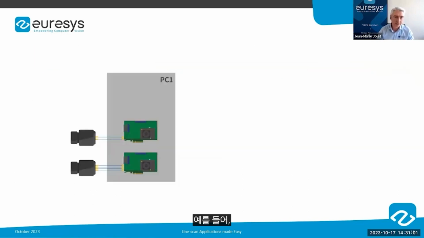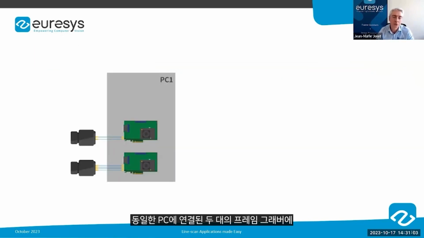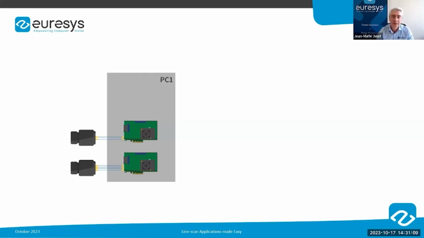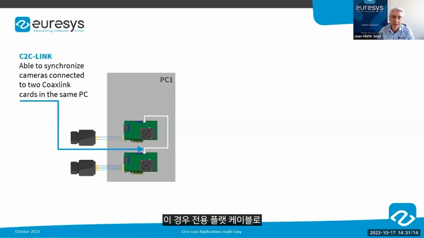Here we have an example: two cameras connected to two frame grabbers plugged into the same PC, and these two cameras must be synchronized. In this case, we just need to connect a C2C link connector to both frame grabbers with a dedicated flat cable. This is the first example.